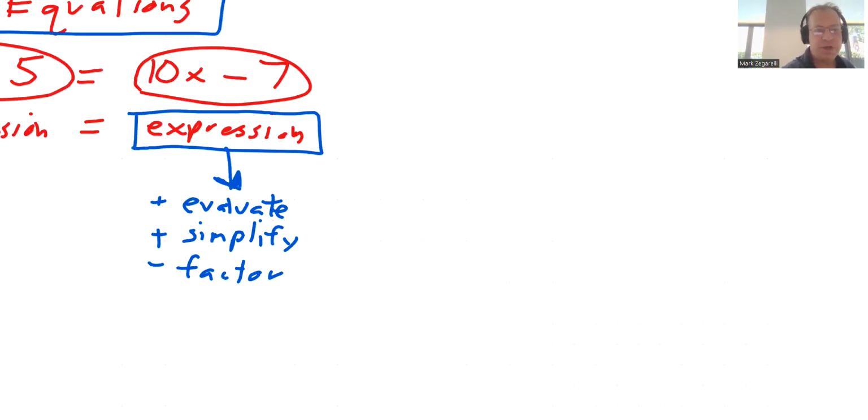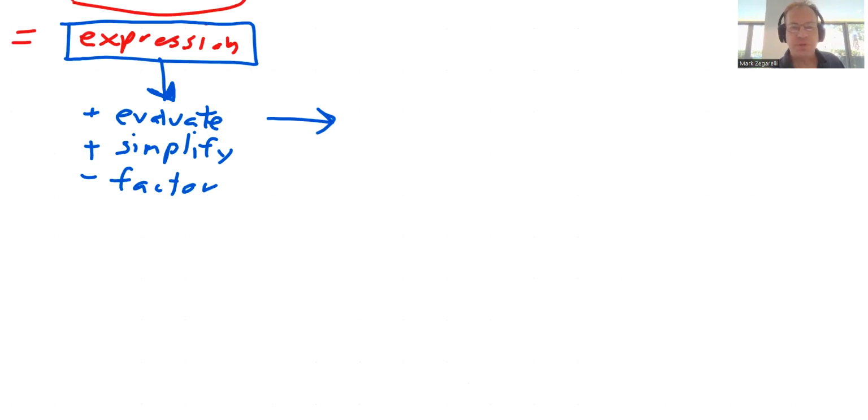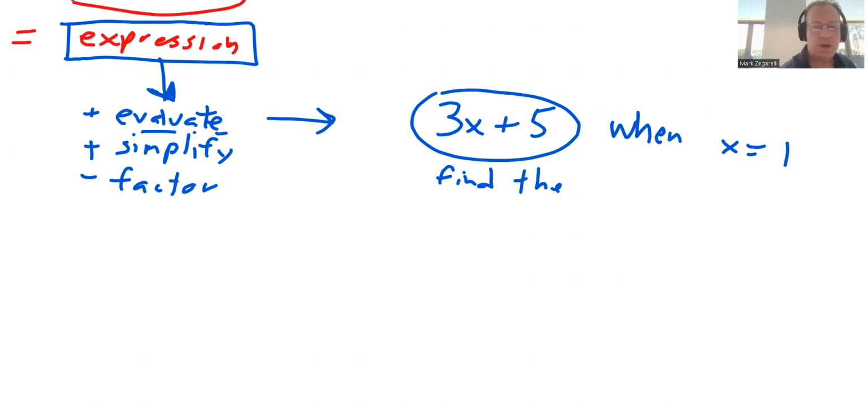When we're talking about evaluation, we're talking about, for example, 3x plus 5 when x equals 1. We want to find out the value of this. So evaluate is find the value of this expression.